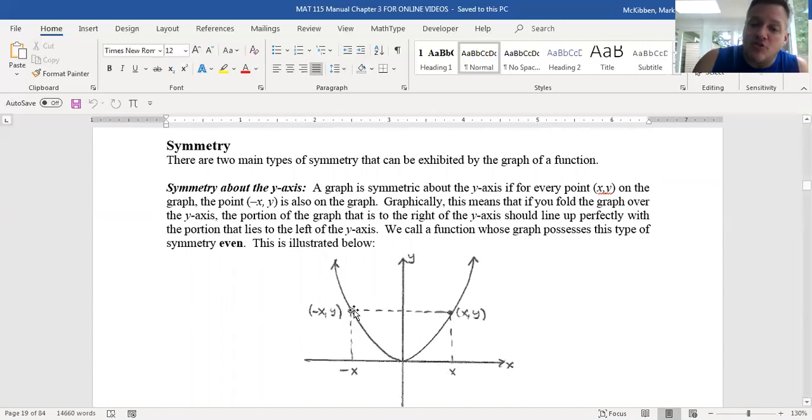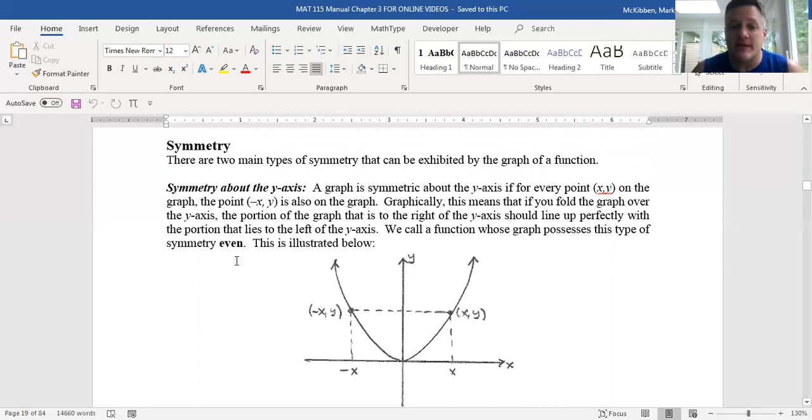And so an algebraic way of codifying that would be to say that f of x is equal to f of negative x, right? That means the same thing, okay? The reason we call that even, by the way, just kind of a note, is that the prototypical even function is y equals x squared, right?